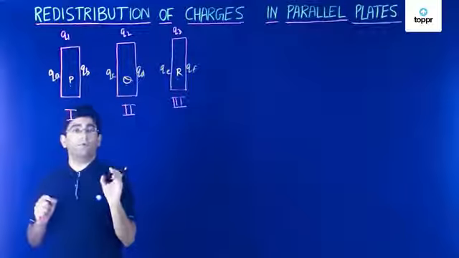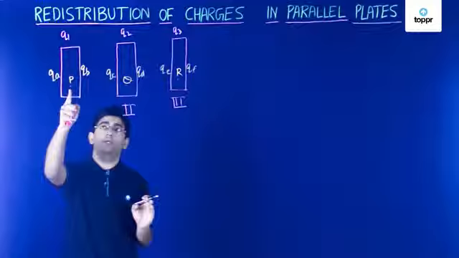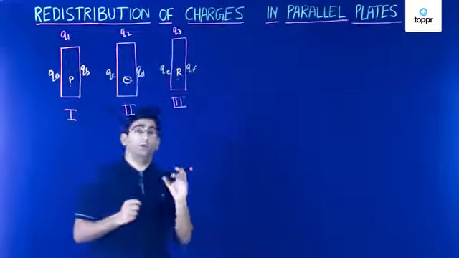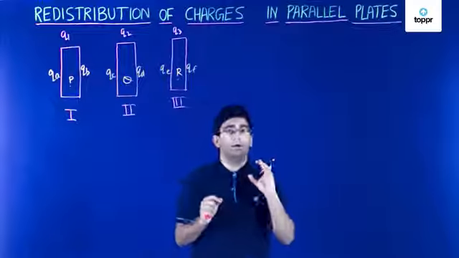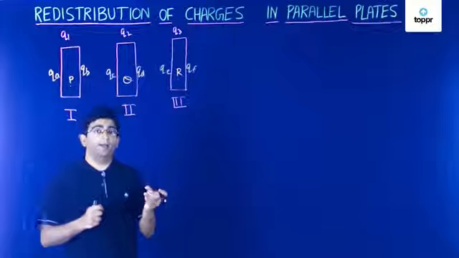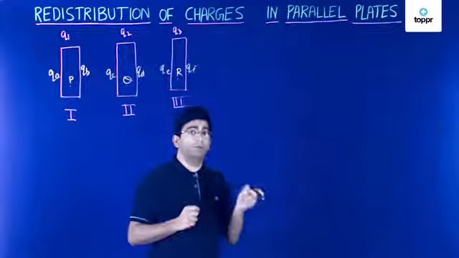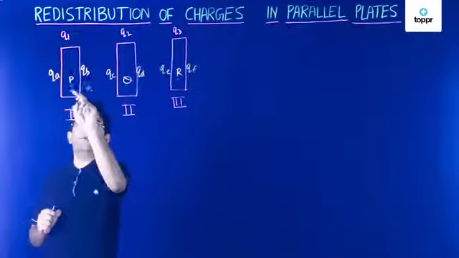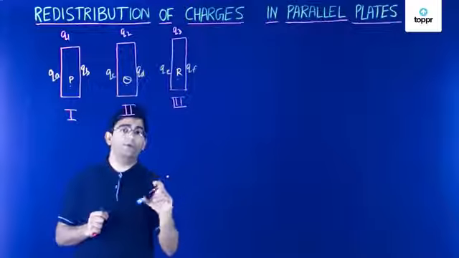So we have to first find out the net electric field at the points P, Q and R, and we would put that equal to 0, because the general principle is whenever we are having a conductor, the entire charge goes to the outer surface and the electric field at all the points inside the body of the conductor is 0. So that is why at P, Q and R the electric field would be 0.